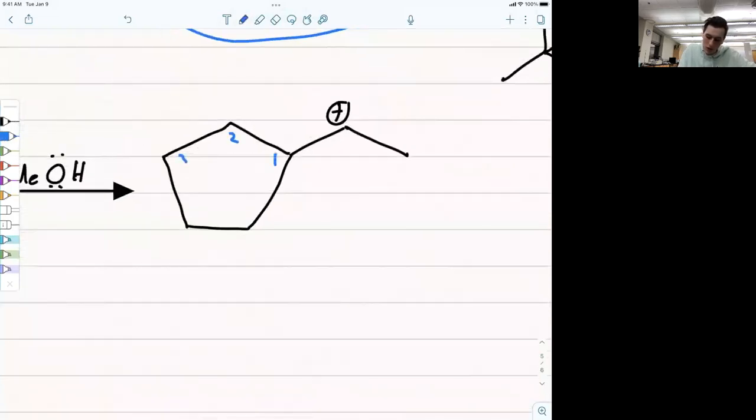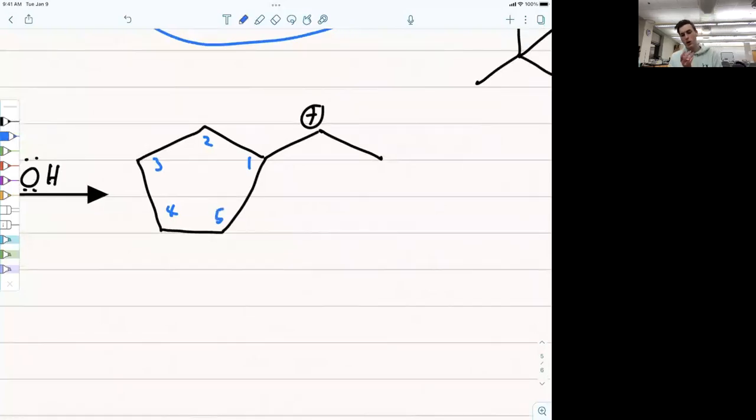I'll label my carbons to see where would be a better spot for this carbocation. What kind of shift can I do to get my carbocation into a more stable place?